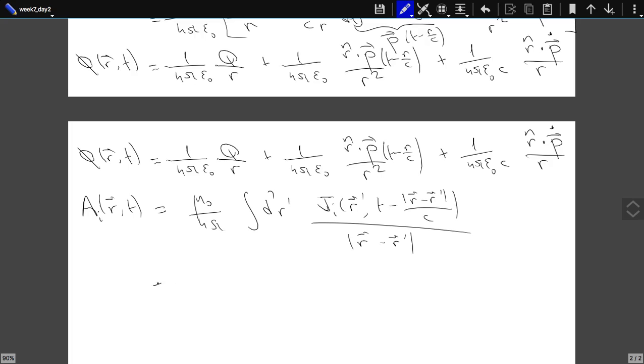So this will be equal to mu0 over 4 pi. Well, Q is nothing but the volume integral of this one, d cubed r prime j_i of r prime, t minus r over c, divided by r.